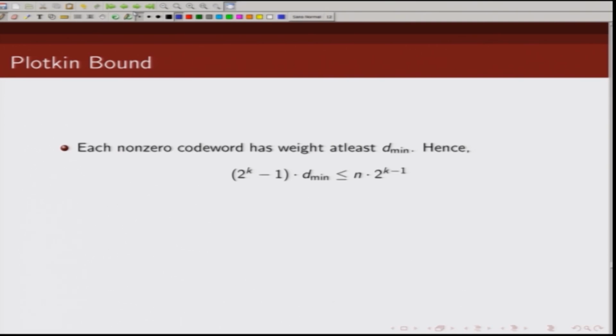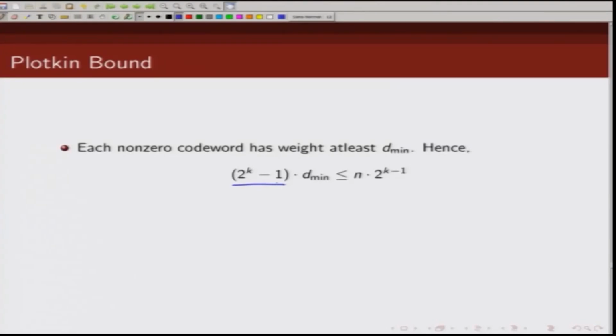Now, what was this array made of? This array consists of 2^k code words. Out of those 2^k code words, one of them will be an all-zero code word, because we are talking about linear codes. The remaining 2^k minus 1 code words will have minimum weight at least d min, since minimum distance is equal to minimum weight of a code word. So, the number of non-zero code words is 2^k minus 1, and each one of them will have weight at least equal to d min.